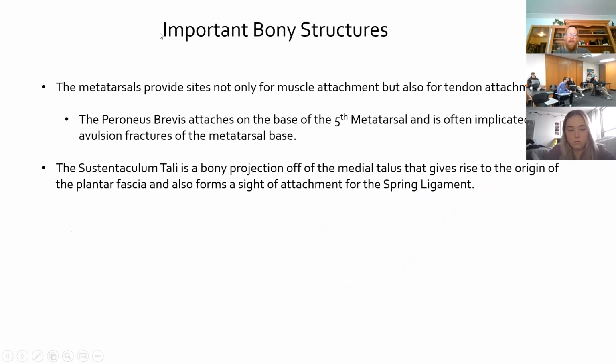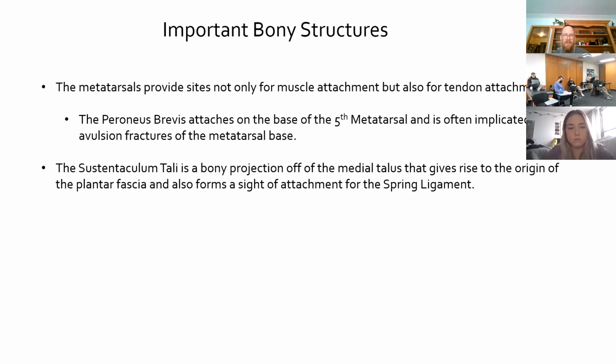So here's the deal. We have really important bony structures in the foot, and we're not going to get into the specifics of a lot of these today, but I'm going to give you a couple of examples. Knowing the bony anatomy of the feet is extremely important. The reason for that is knowing which bones are which is going to provide us with essentially an anatomical map of knowing which tendons attach where, and which soft tissue structures attach in other places.